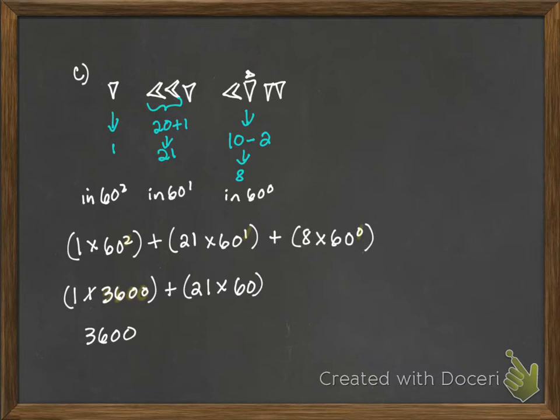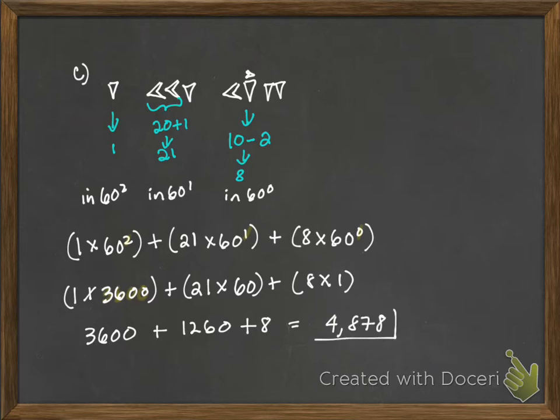So 21 times 60 is going to give me 1,260, plus 8 times 60 to the 0. 60 to the 0 is 1. So 8 times 1 is 8. So basically I have to add 3,600 plus 1,260 plus 8. And when I do that, I get 4,868 as my answer.